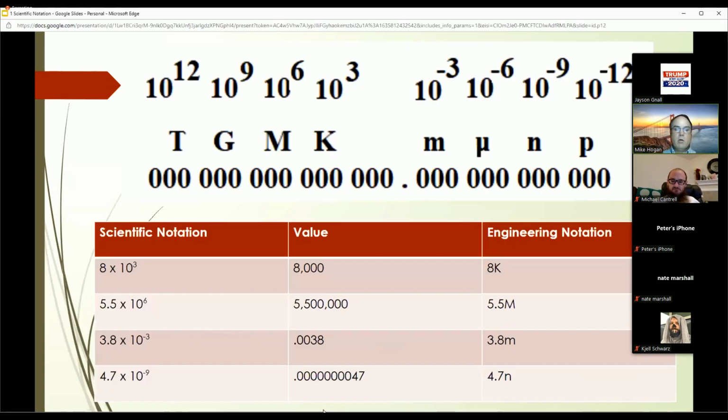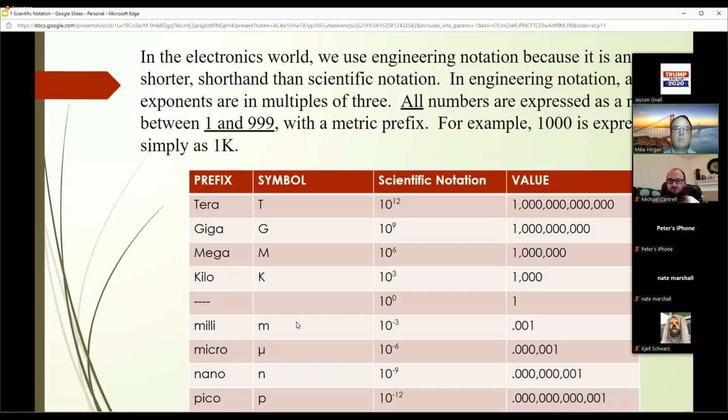So let's say, for example, we had a number that we're going to move 4 places.